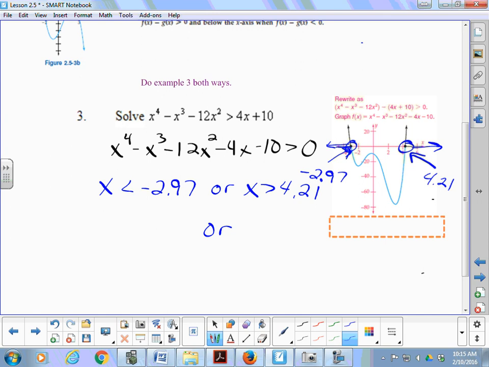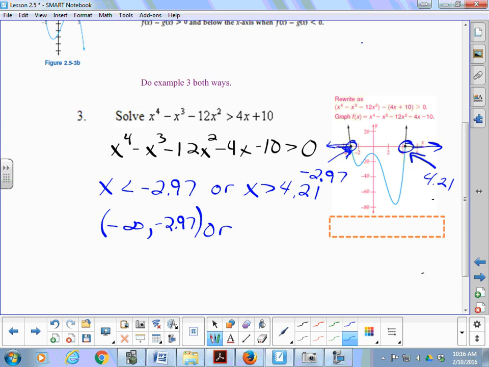So we have the one on the left. What's the smallest value for the one on the left? Because it says x is less than negative 2.97. So what number over here is the smallest one less than negative 2.97? Negative infinity. So we're going to have negative infinity to negative 2.97.